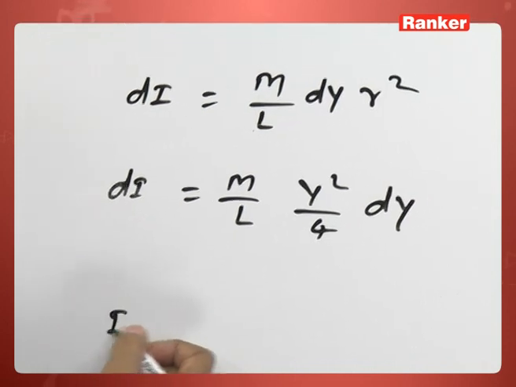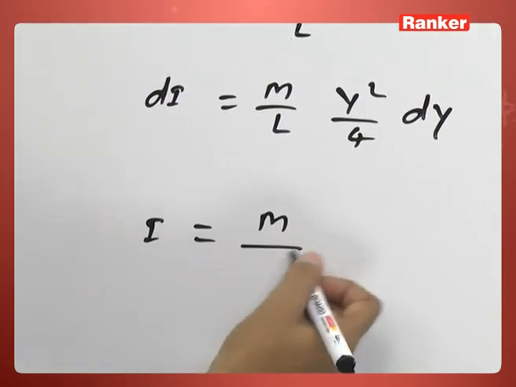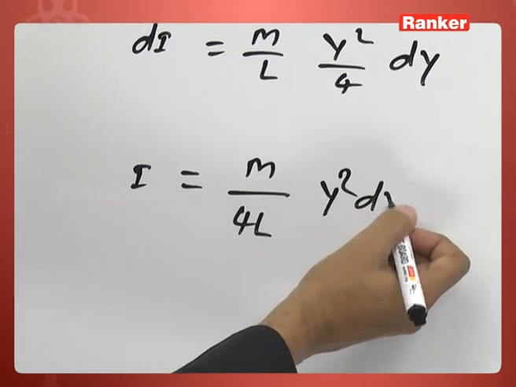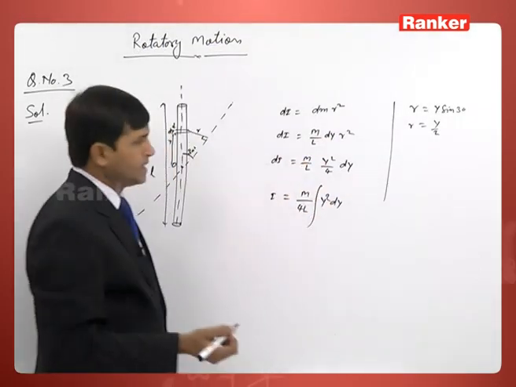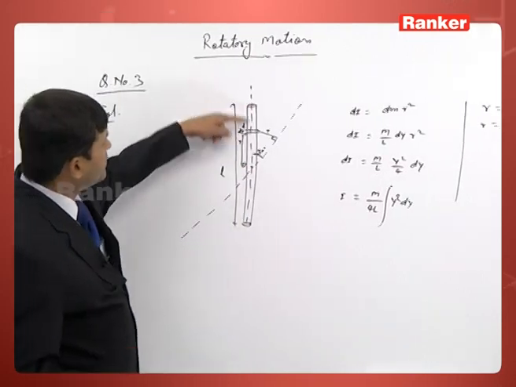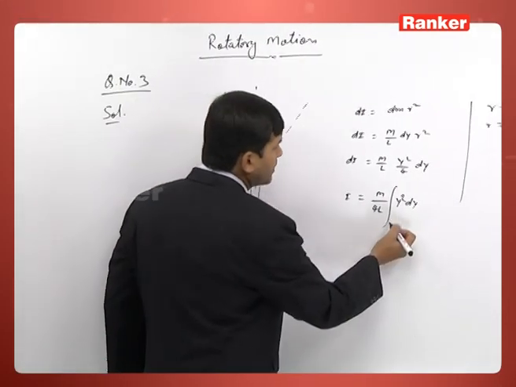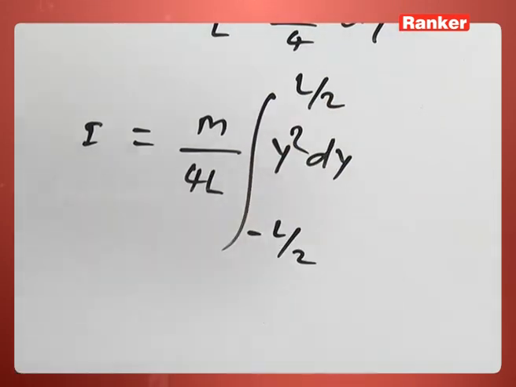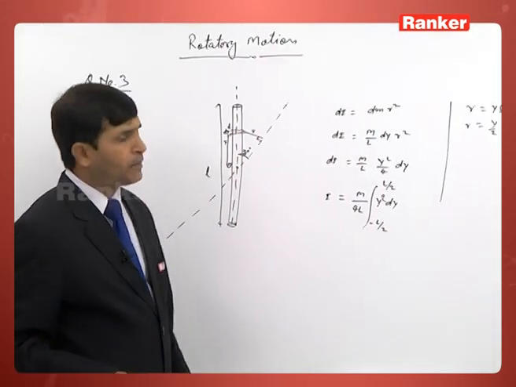Now we will integrate m by 4L y square dy. Integrate from the lower limit minus L by 2 to the upper limit plus L by 2.